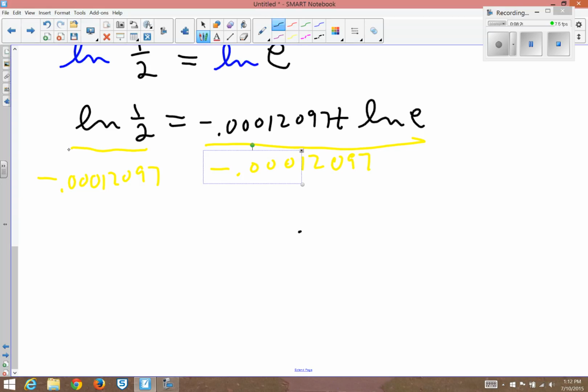So I will do this division on the calculator. The natural log of 1/2 divided by negative 0.00012097.